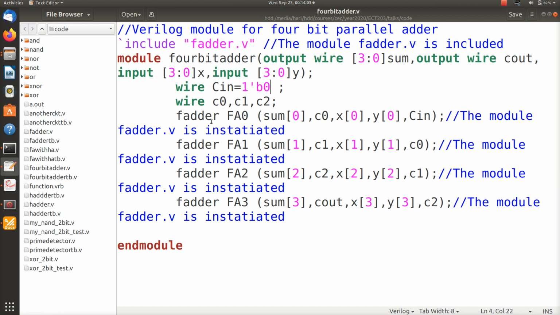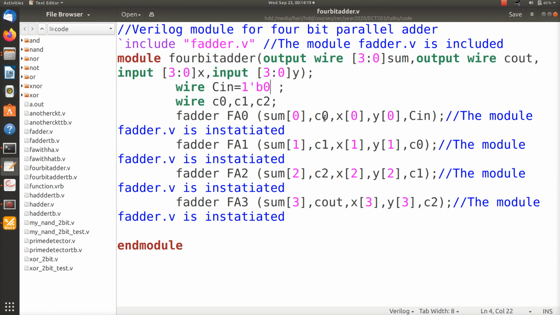So this is the first full adder block. It is taking the first bit or LSB, x0, y0, and adds it with a 0, which is C in, and it produces the first sum bit, sum 0, and the carry C0.